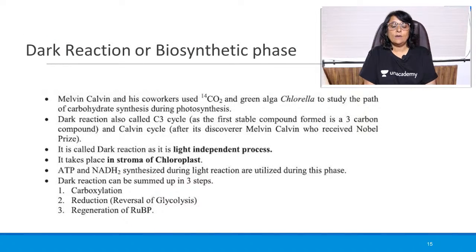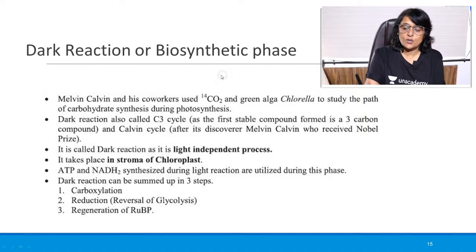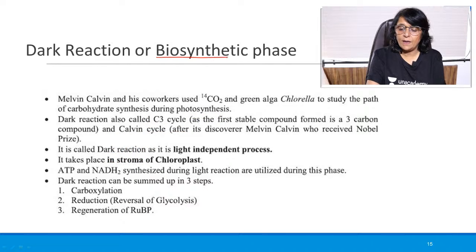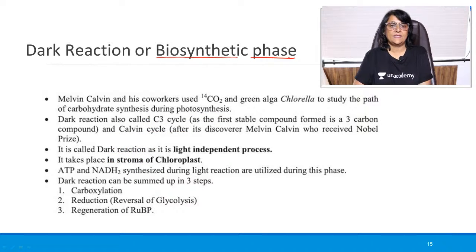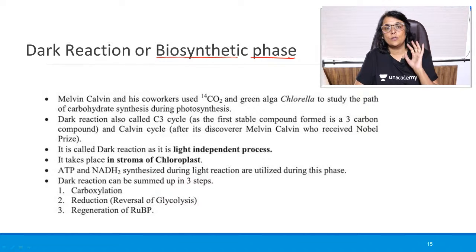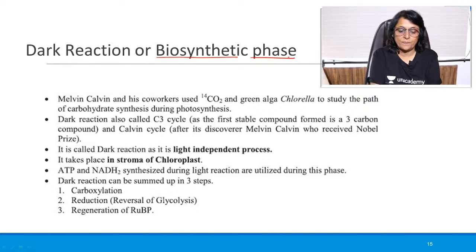Alright, now let us talk about the dark reaction, which is also known as biosynthetic pathway or phase. And we will talk about the scientists and how exactly we know the detail of this dark reaction, and then we will actually draw the dark reaction.